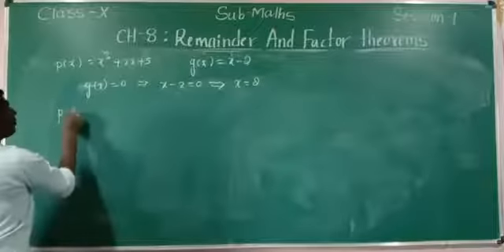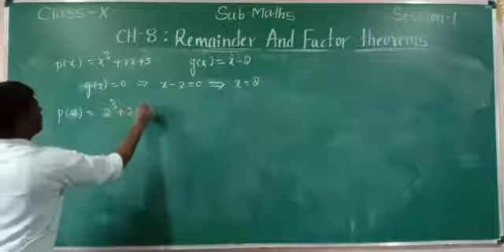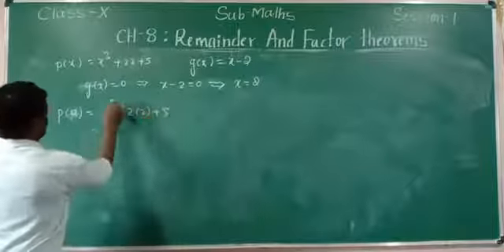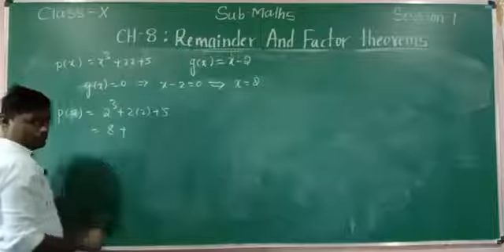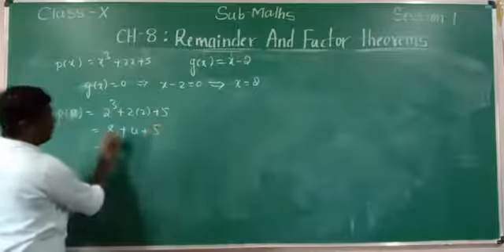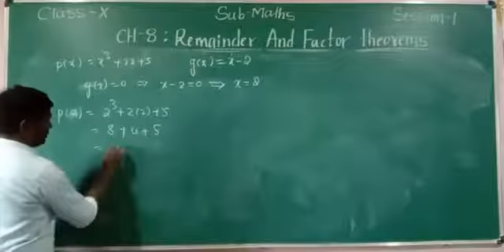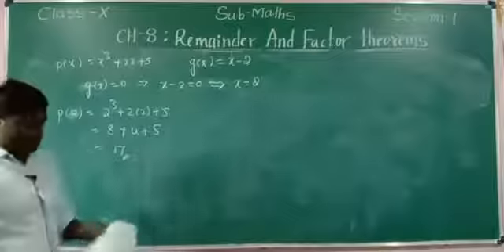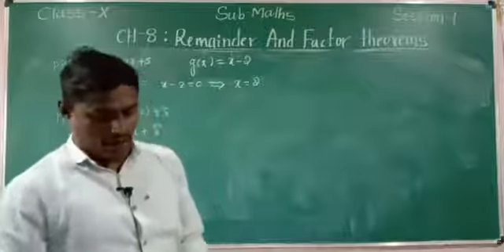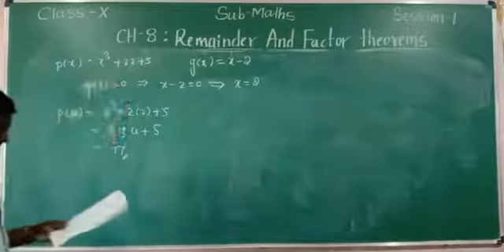P of 2 is equal to 2 cube plus 2 square plus 5. 2 cube is 8, 2 square is 4, plus 5. 8 plus 4 is 12, 12 plus 5 is 17. So 17 is the required remainder of the given polynomial.